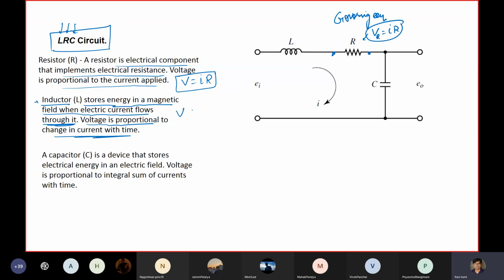This is how the voltage across the inductor is written. VL is proportional to di by dt, meaning the change in current. As long as the change in current is happening, the voltage is lost there. If di by dt is 0, your voltage will no longer be lost.